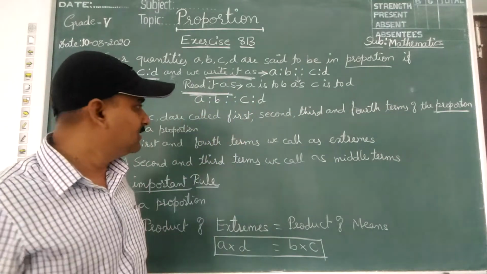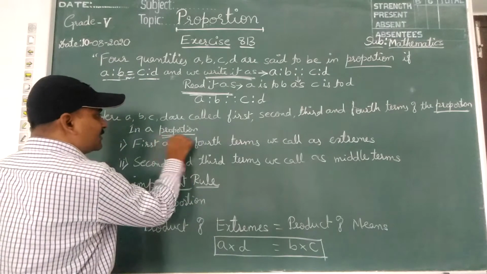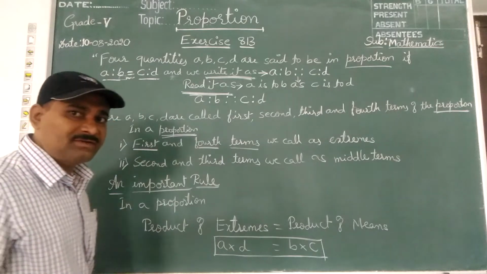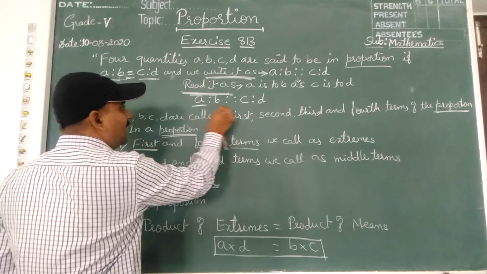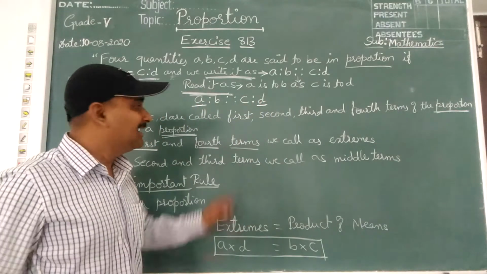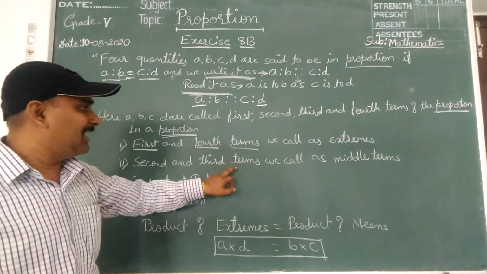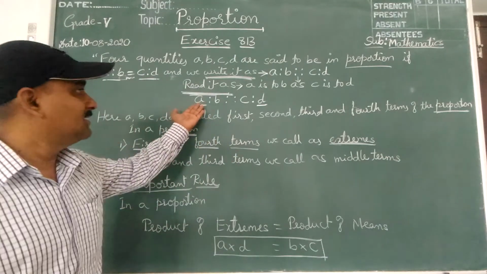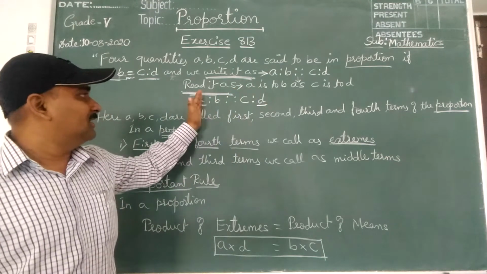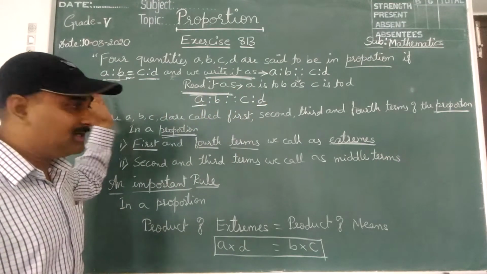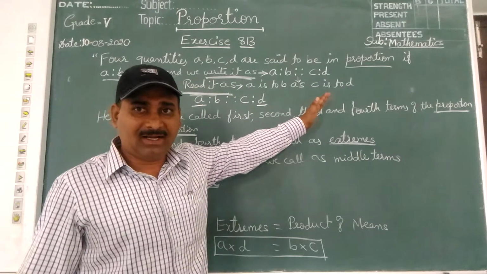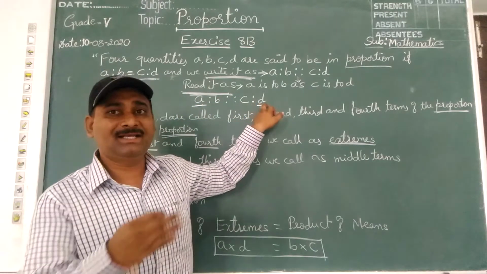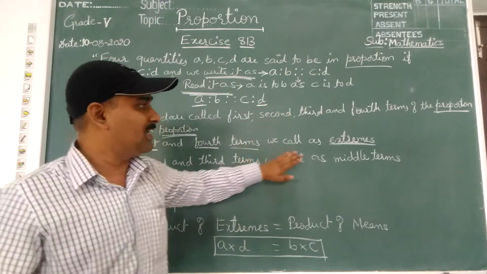In the proportion, which are the first and fourth terms, children? The first and fourth terms, that is A and D, are called extremes, because they are at the extreme ends: the left side extreme end is A, and the right side extreme end is D. Therefore they are called extremes.